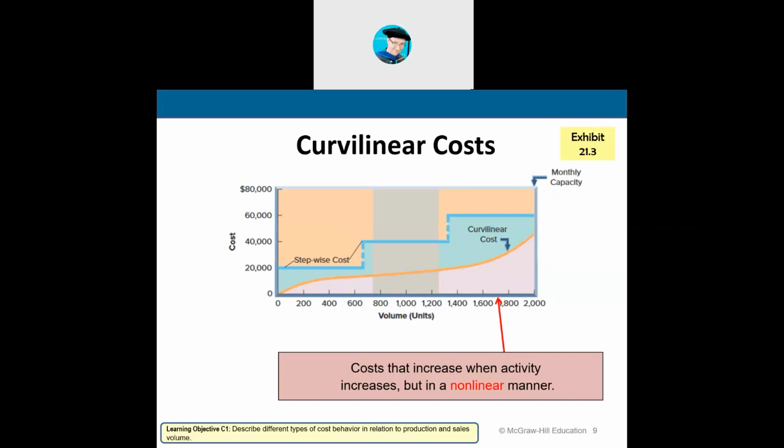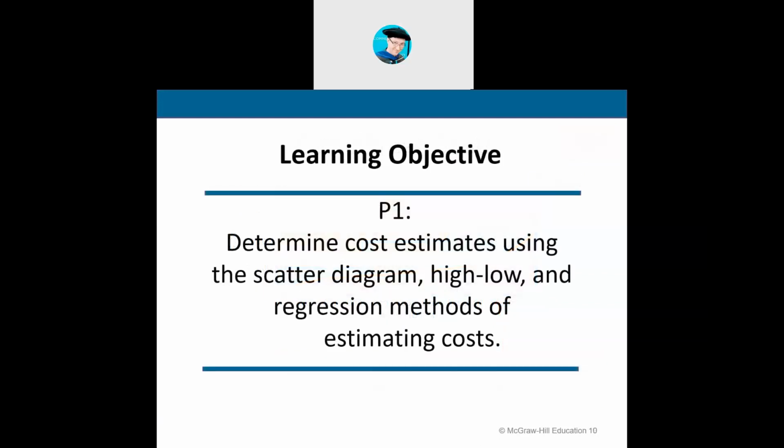That's curvilinear. We're not going to dive too deep into curvilinear. It's pretty complex, or even the step one. But all of this shows you the relationship of cost and cost behavior.